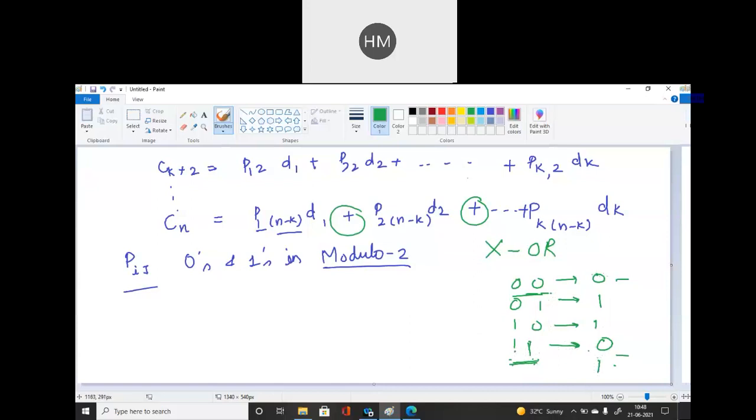So this operation is performed over here. This is modulo 2 arithmetic. Everywhere we are performing that. It is not simple addition. Keep that in mind.